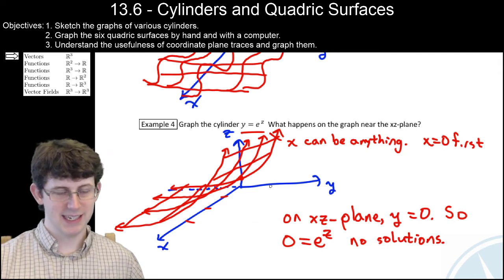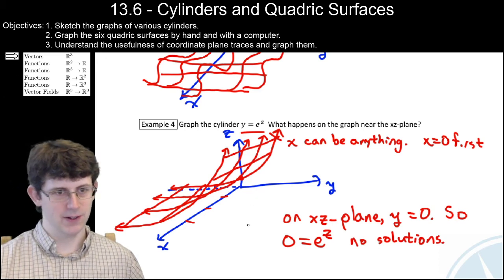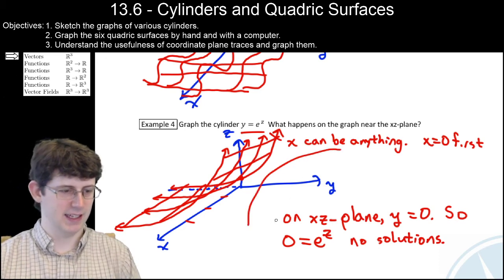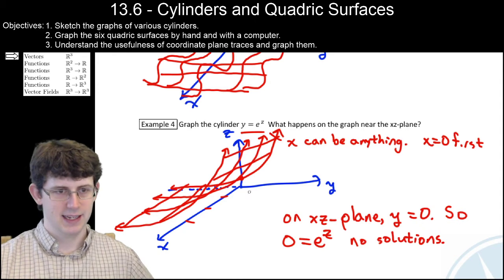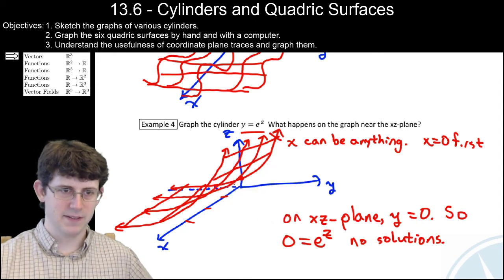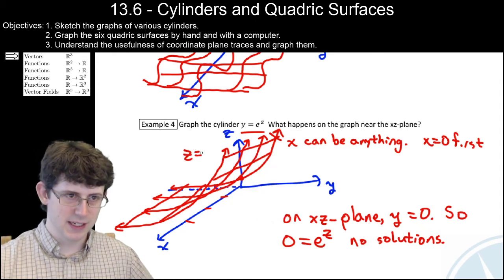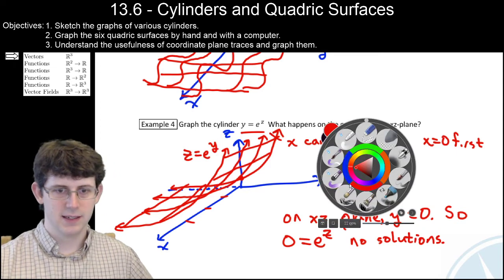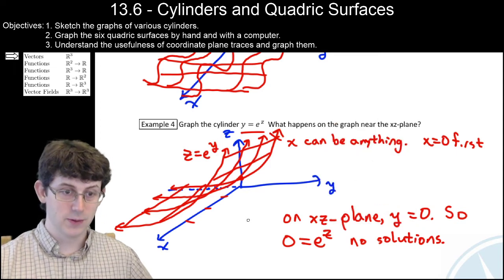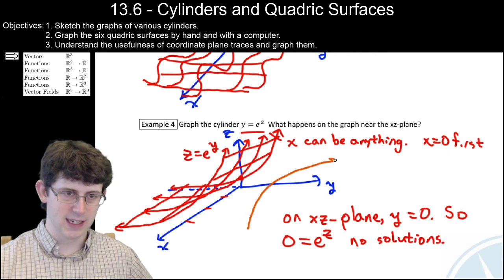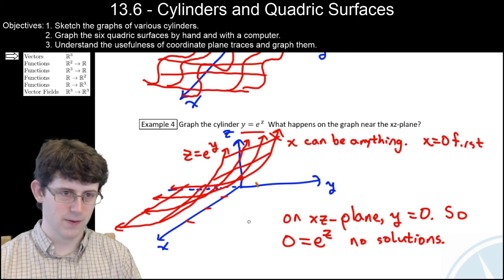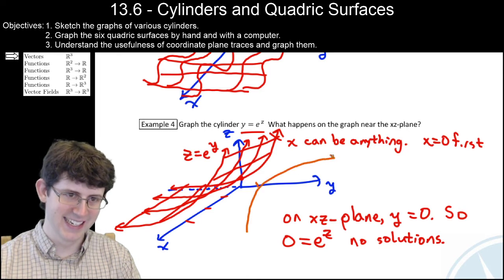Y equals e to the z would go like this. Ugh, that's too bad. Okay, well, whatever. I'll just leave it here. This is z equals e to the y. Let's just get a different color. Y equals e to the z would go this way instead. Crosses at 1, though. There it is.